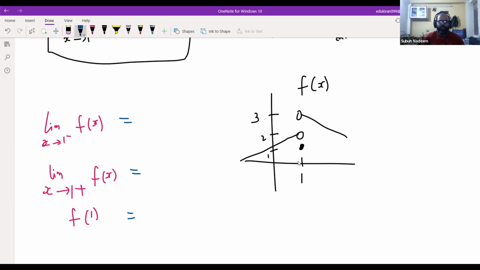Left is here. That's 1 plus, right, sir? 1 minus, that is left. 1 plus is right. Okay, so what will you get?